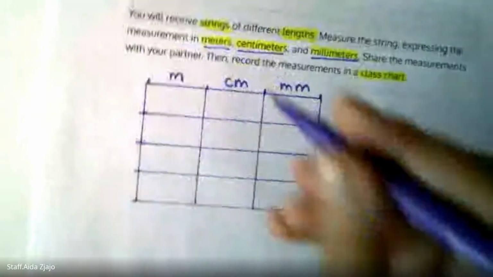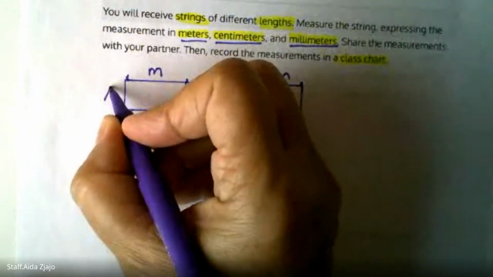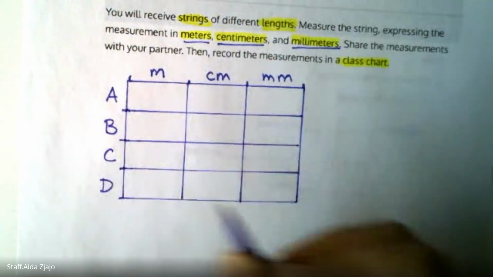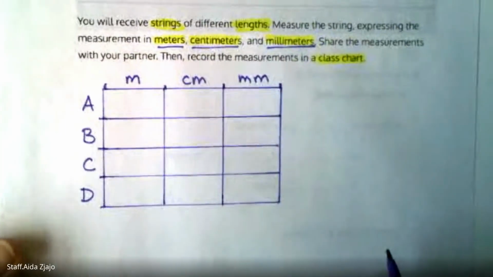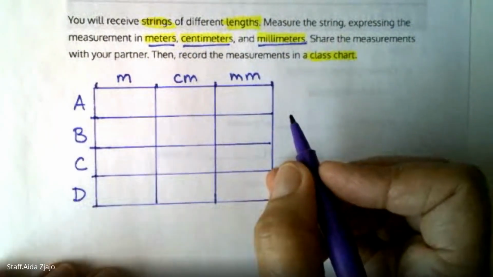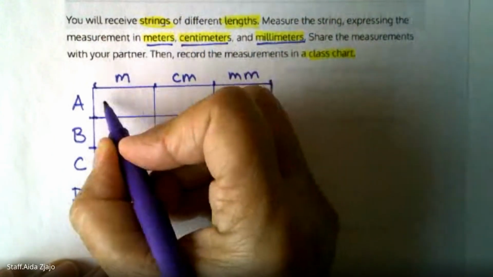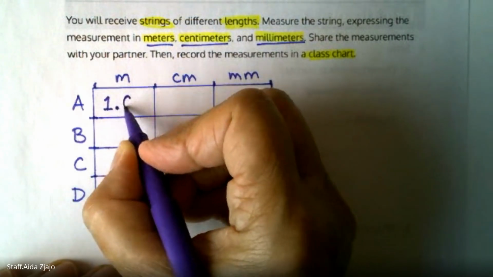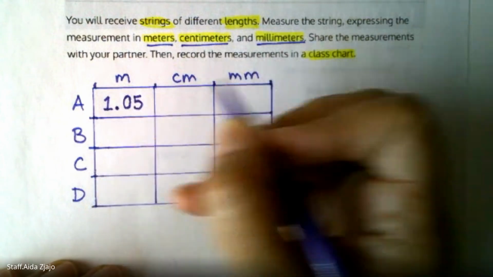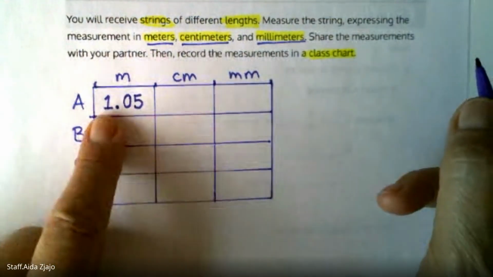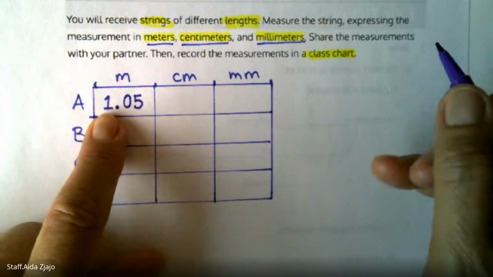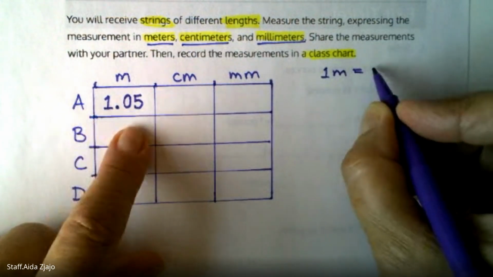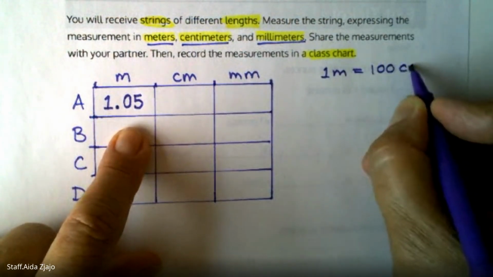Now this is string A, string B, string C, and string D. Let's say you measure a string that is 1 whole meter and 0.05. That means it has 1 whole meter, and you should know that 1 meter is equal to 100 centimeters.